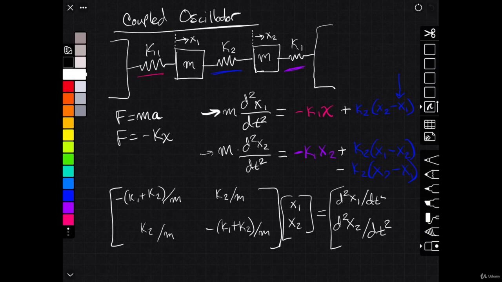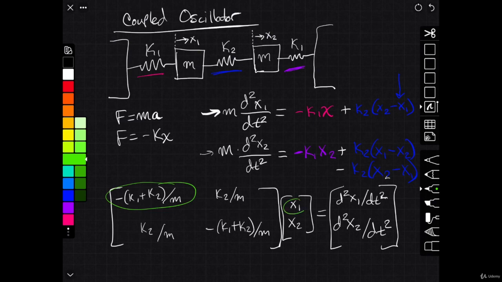So we have these values here, and if you aren't convinced of this, you have this term multiplied by this term, plus this term multiplied by this term. And that would be equal to d2x1 over dt squared.